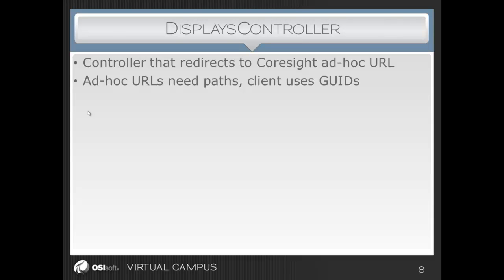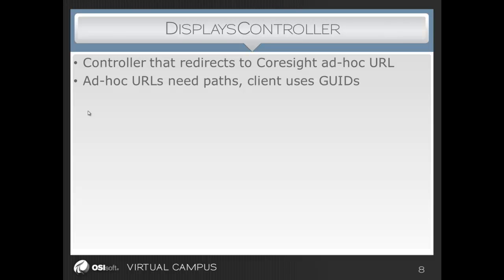There are two key pieces I also want to discuss. One is the displays controller. This is an MVC4 controller located in the controller folder, and this controller is responsible for redirecting to the PyCore site.